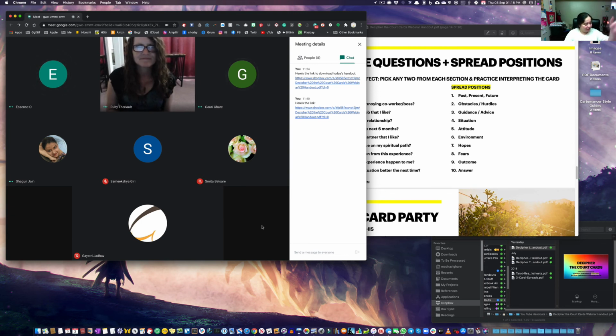And again, Shagun, this is interesting because this card that you were scared of is coming in the future, which means it has not happened as of now, which means you can change it. Correct? Yes, ma'am. So stop being scared of this.